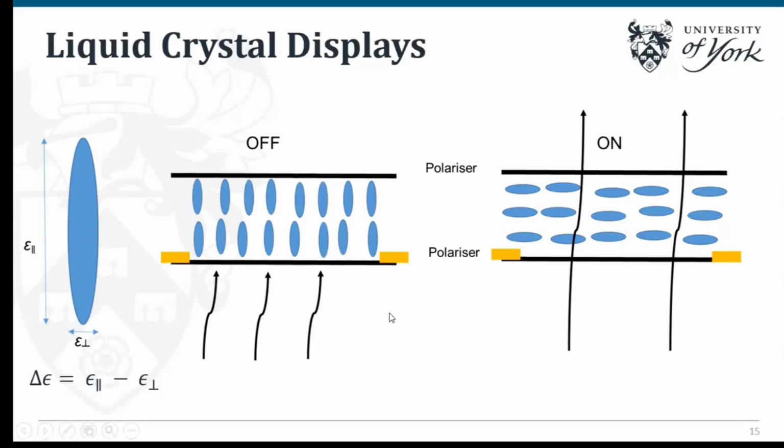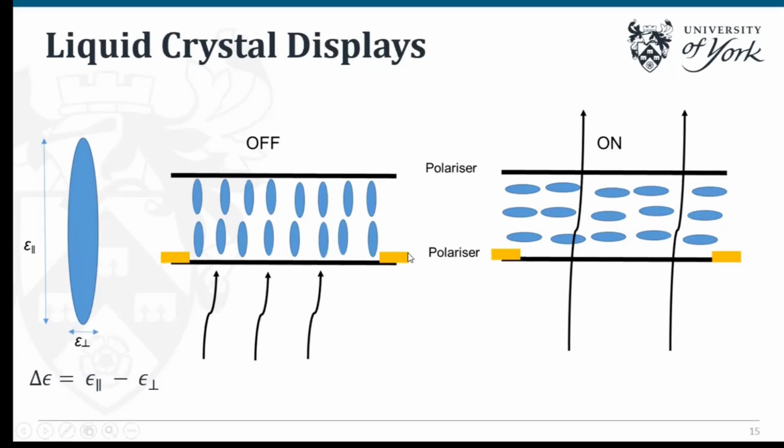In a liquid crystal display, and at this point I should stress that these diagrams are highly simplified, you have a backlight, two polarizers at 90 degree angles to each other, between which you have an aligned liquid crystal phase, typically a nematic phase.